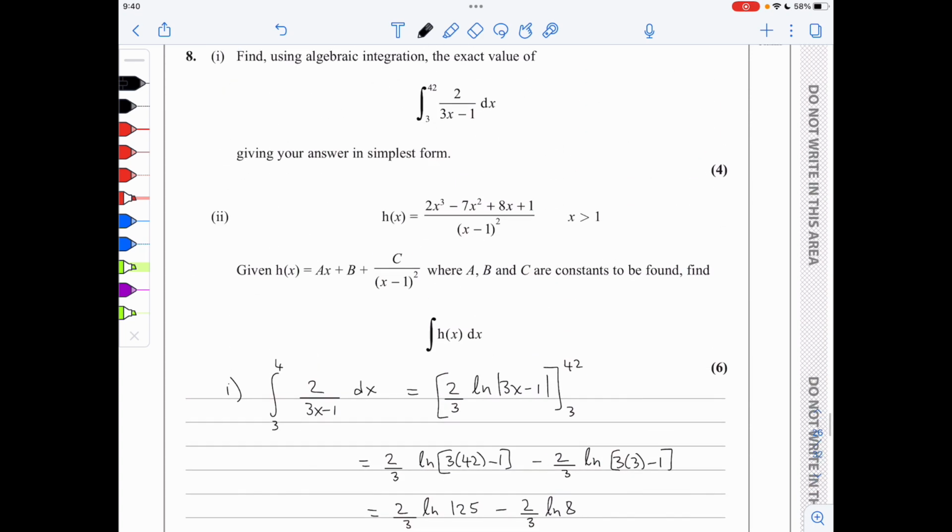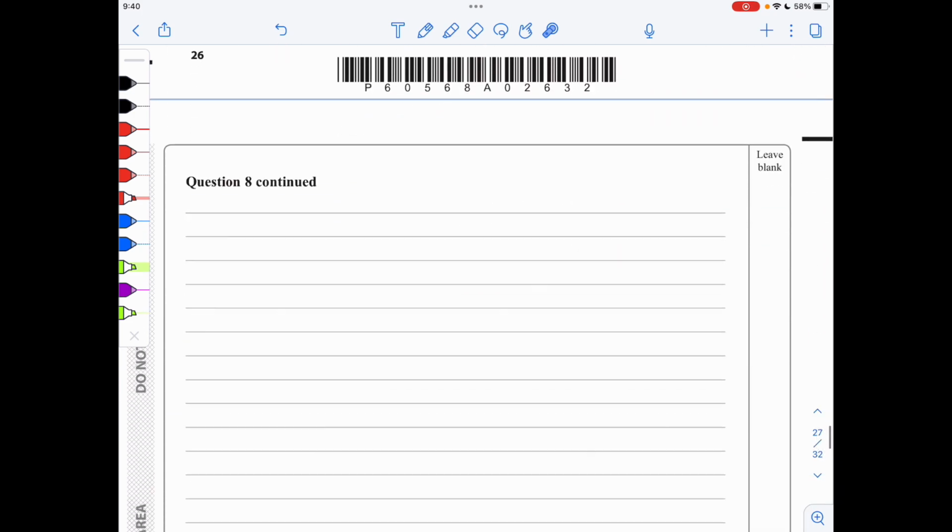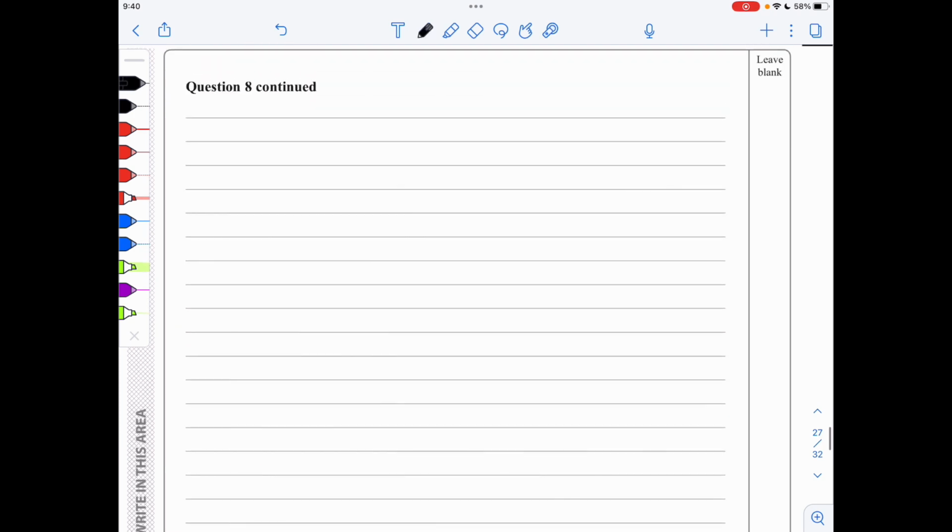And then in II, we need to express h of x in this form and then proceed in integrating h of x with respect to x. I will start by doing long division. So we have 2x cubed minus 7x squared plus 8x plus 1 to be divided by x squared minus 2x plus 1.